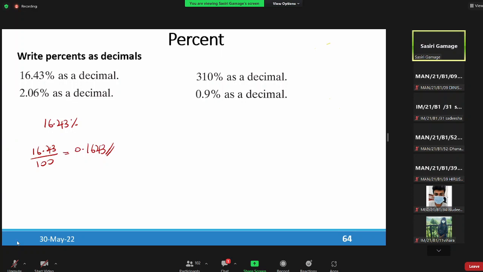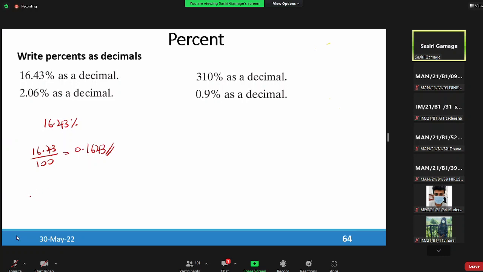Is that clear to you? Yes, sir. Then can you say the answer for this? When you practice this, you can tell the answer by looking at it.